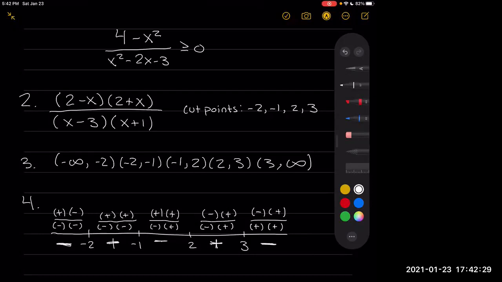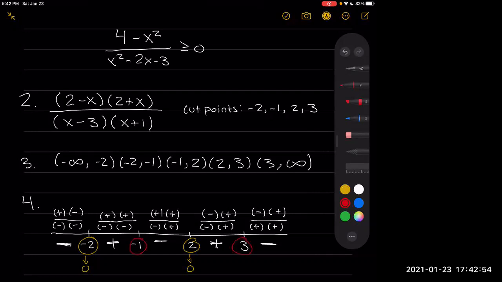Okay. And also something that we can observe here is that 2 and -2, these are zeros. These go to 0. Whereas -1 and 3, these will be our vertical asymptotes.